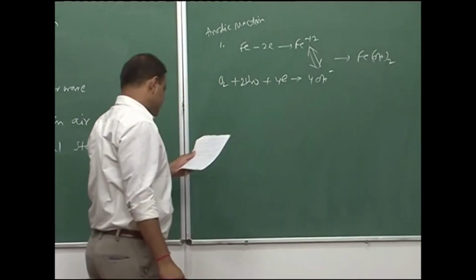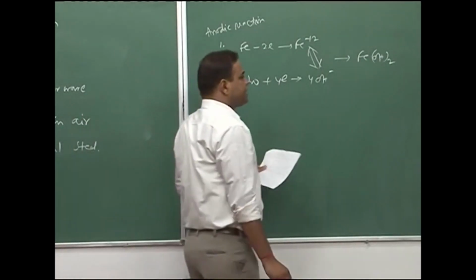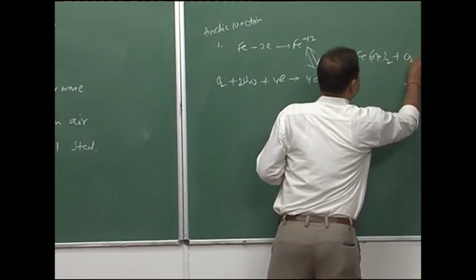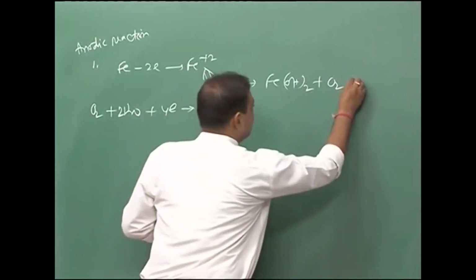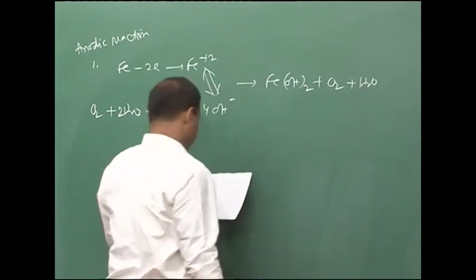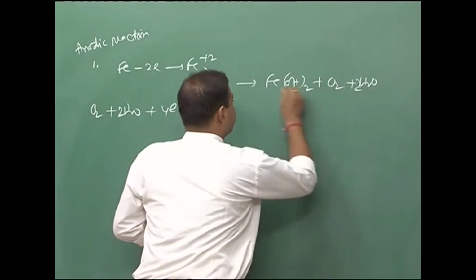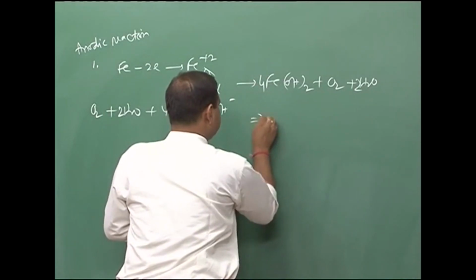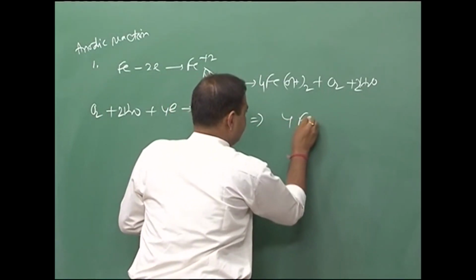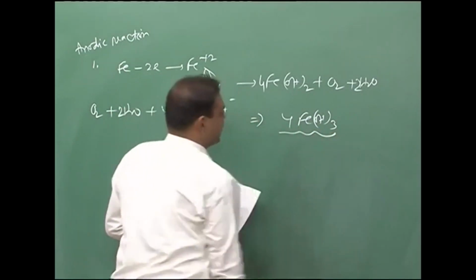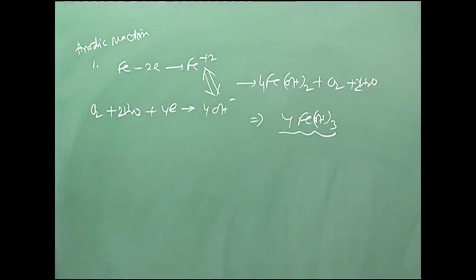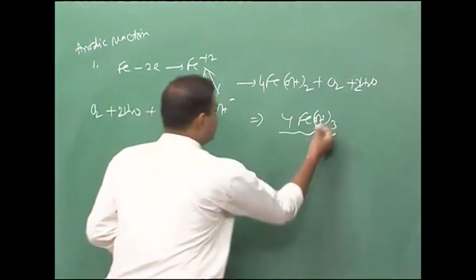Once we have Fe(OH)2, it can further react with the oxygen in the atmosphere, along with the presence of moisture, and go to 4Fe(OH)3. This is hydrated ferric oxide, Fe(OH)3.